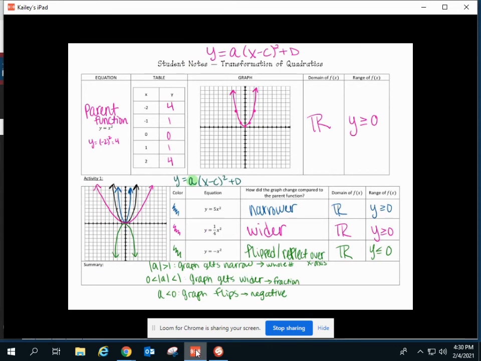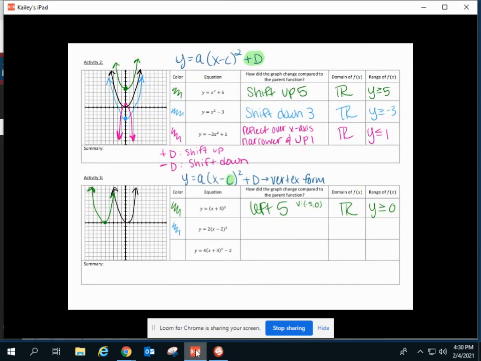So if we think back to A, an A value of 2 would be like this one. It's going to make our function narrower. And if we're thinking opposite like we should be, this one is probably going to move to the right too, because we see a -2 in the parentheses, so that would make it go to the right too.